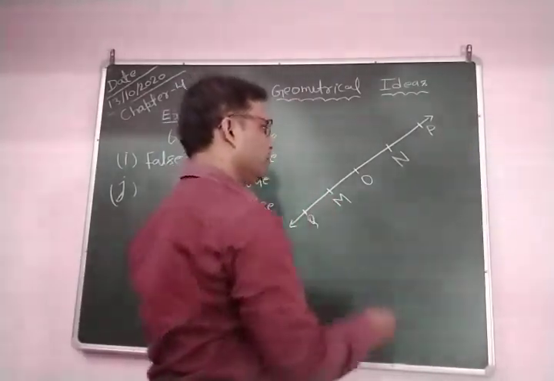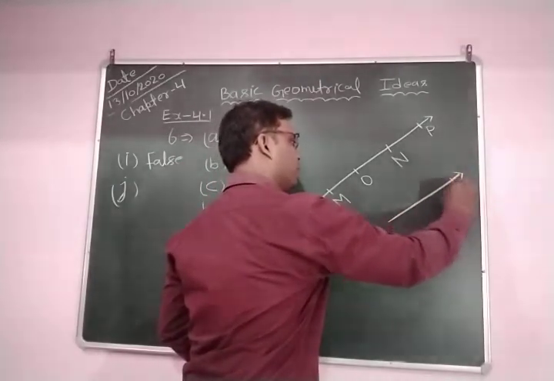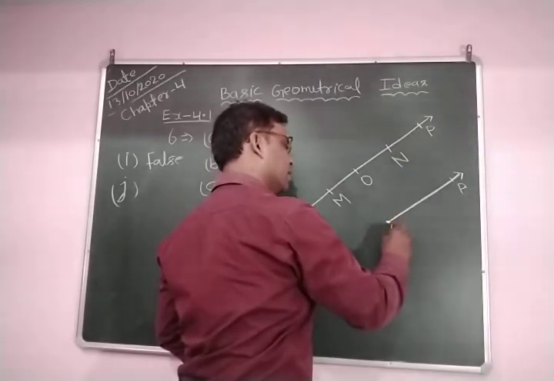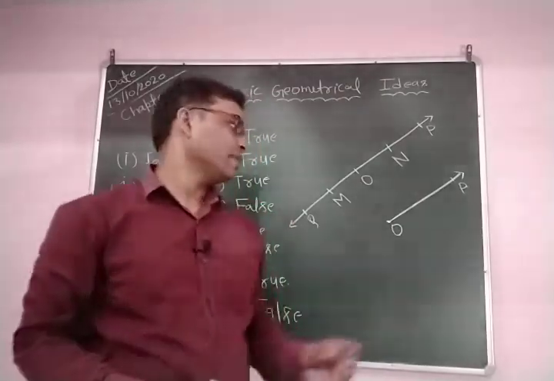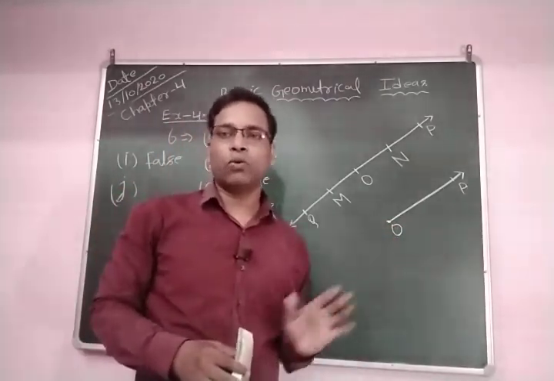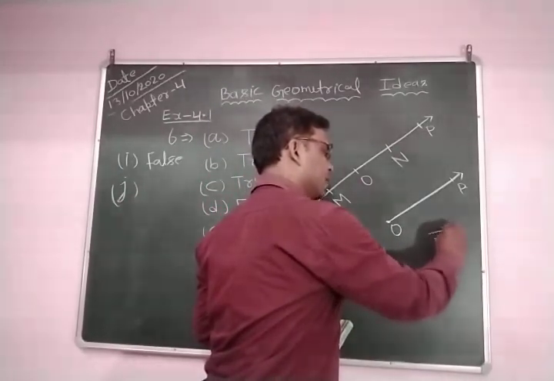So if you draw ray OP like this, point P is the end, and O is the initial point or starting point of this ray, because a ray has one end point. This is the ray OP.